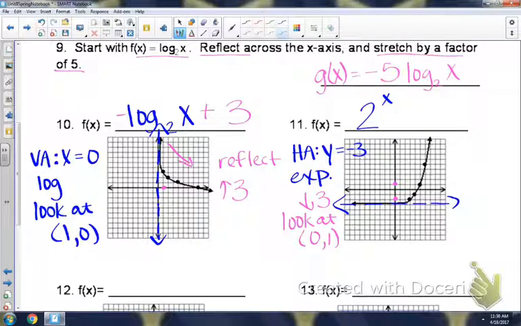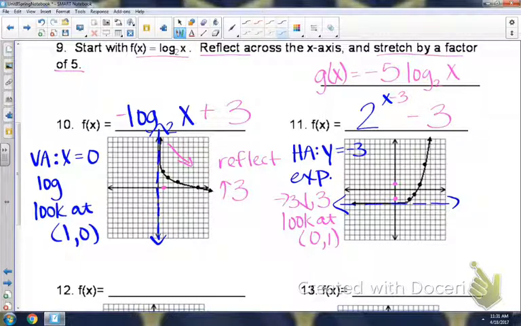We have to figure out if we're going left or if we're going right. We already know where we shifted vertically. So notice we're going to the right 3 to get to that next point. So we went down 3, which would be -3 on the outside. We went right 3, which would be minus 3 with your x. So it should be 2 to the x minus 3, and then -3.